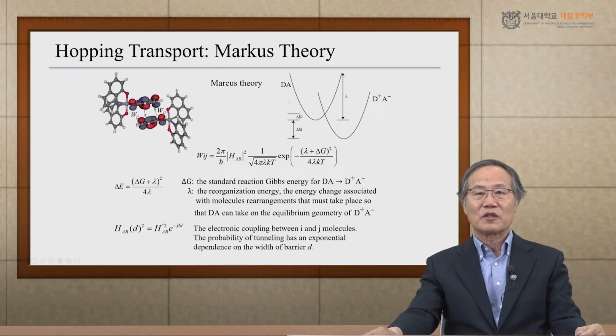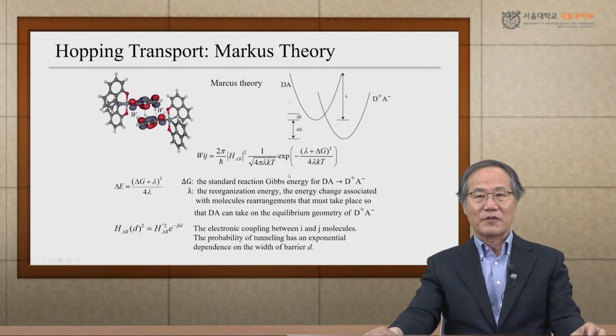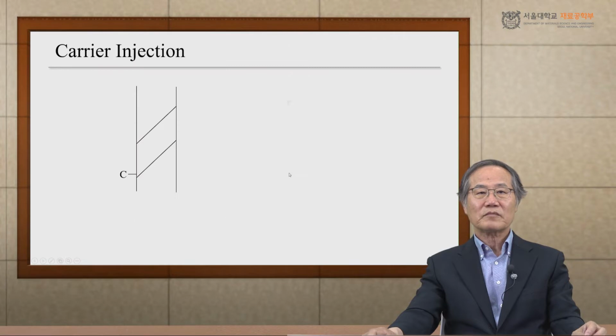The donor-acceptor molecule must reorganize in order for charge transfer to take place, and delta G is the energy difference between the donor-acceptor state and the donor-plus acceptor-minus state. Nowadays this approach is widely applied to correlate molecular structure and electrical properties in organic semiconductor solids.